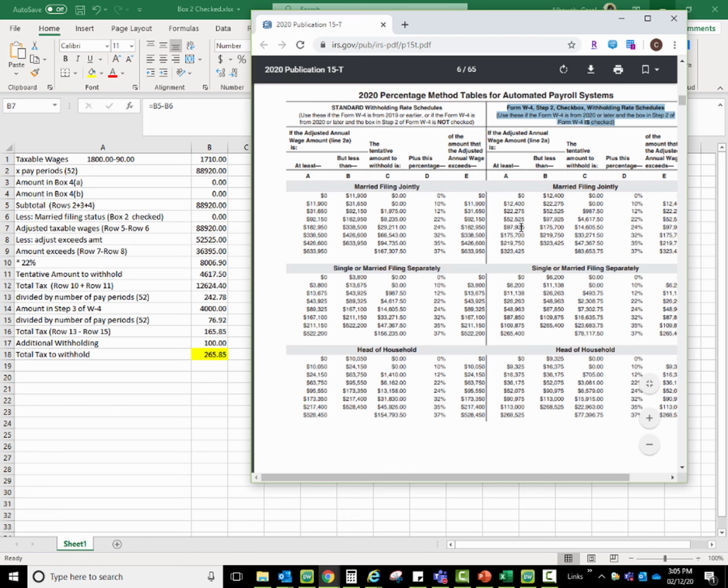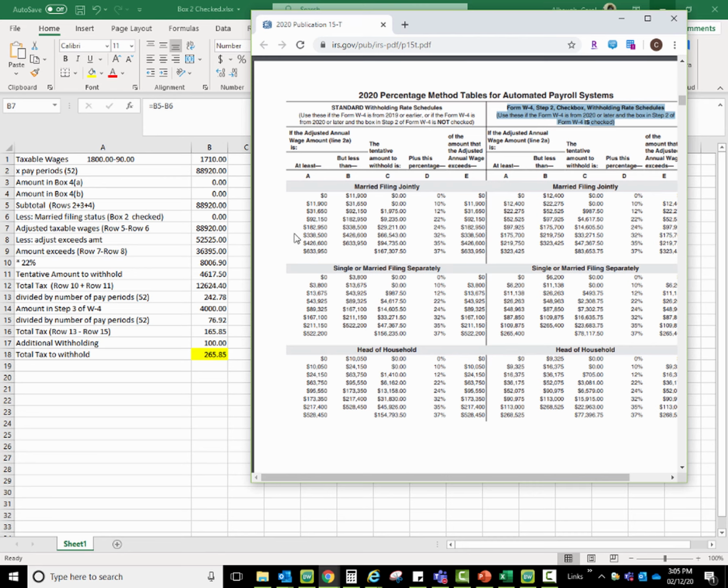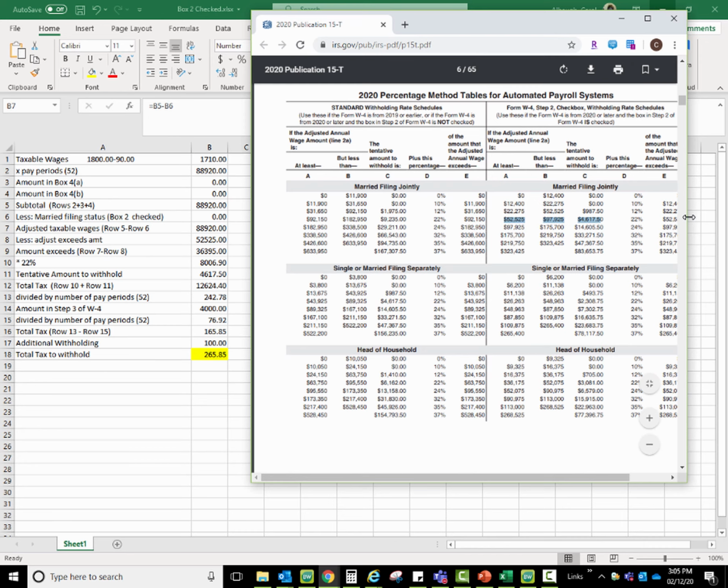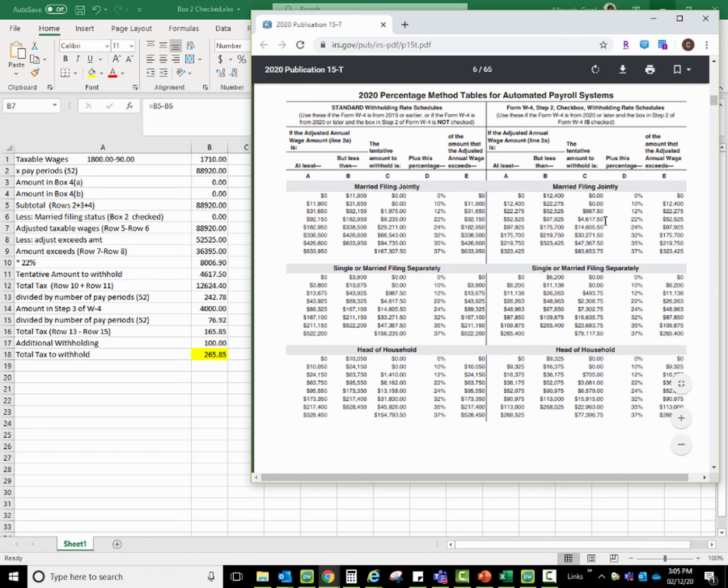Our employee's adjusted taxable wages is the $88,920. So that's going to fall in the at least $52,525 to $97,925.